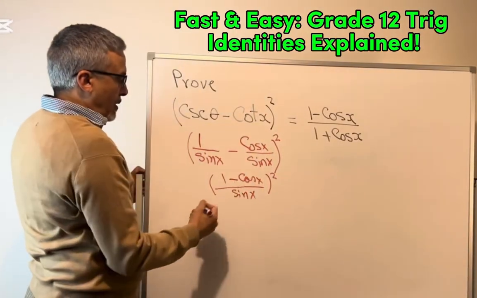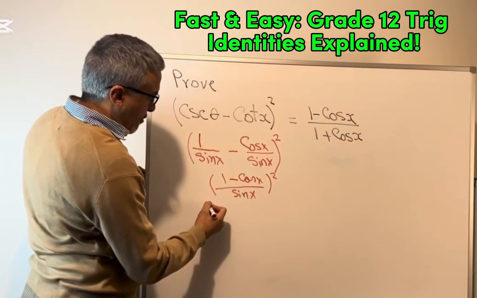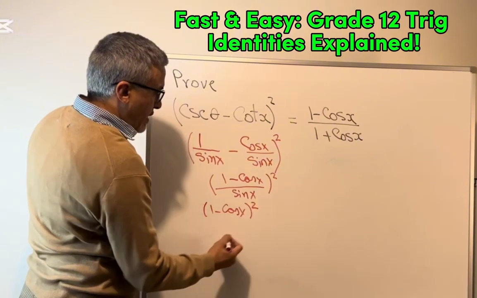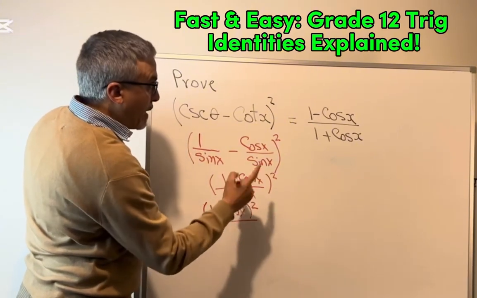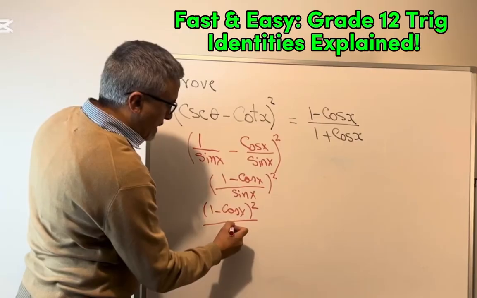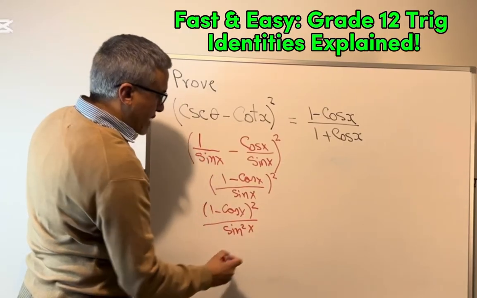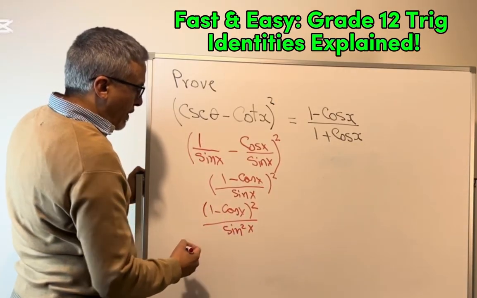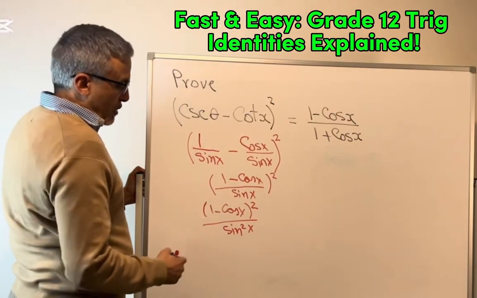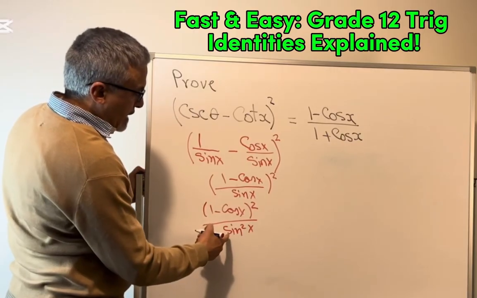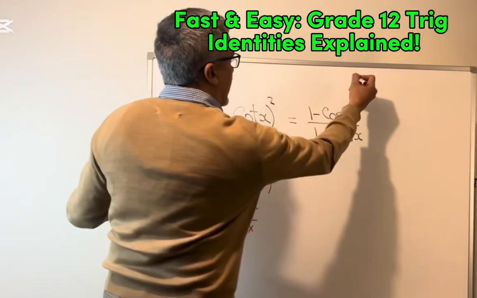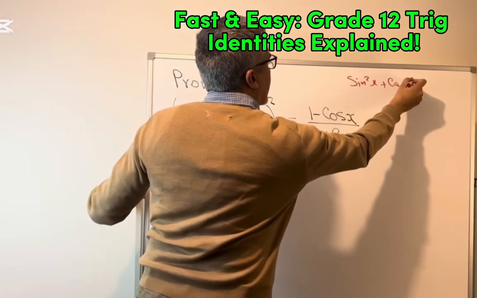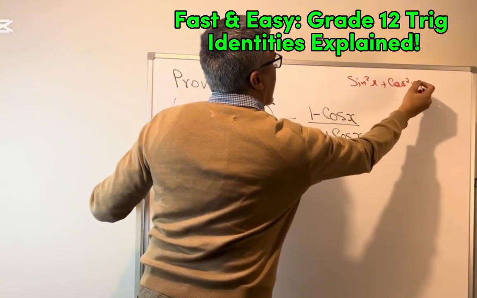Okay, now what we're going to do, I'm going to write the 1 minus cos x squared, and I'm going to square the top and I'm going to square the bottom. So that's sine squared x. Now, you remember the identity sine squared x plus cos squared x equals 1.